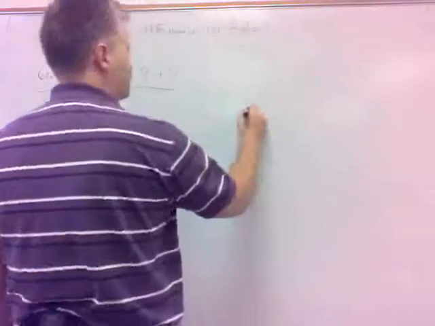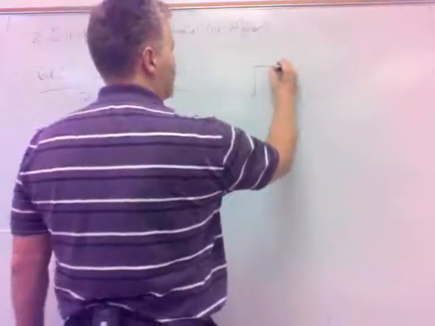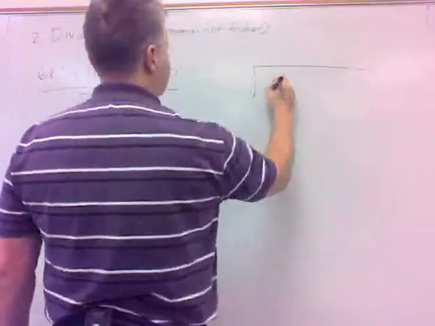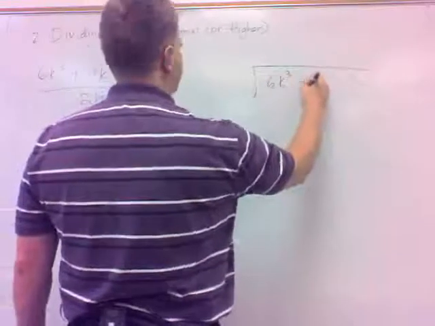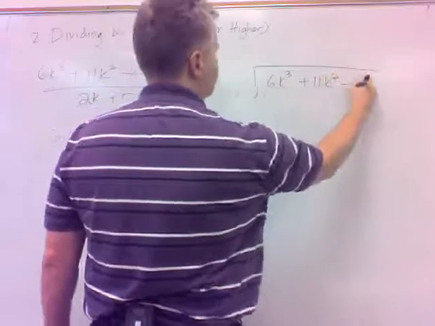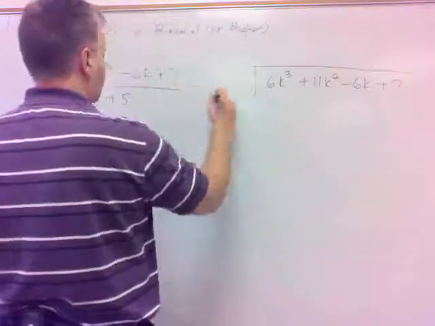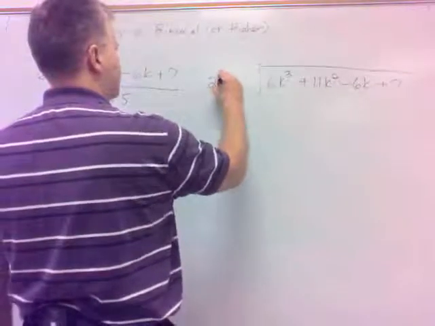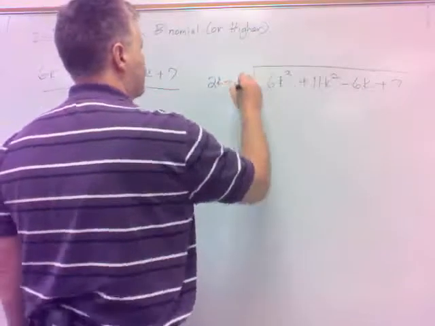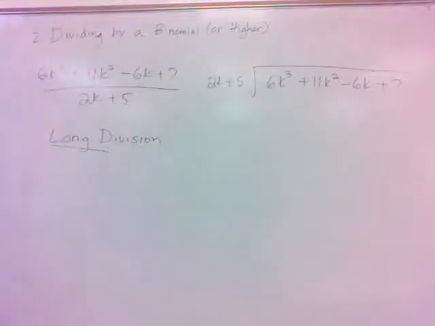I'm going to put my division bar here, and 6k cubed plus 11k squared minus 6k plus 7 is going to go underneath there. 2k plus 5 is my divisor, so the divisor goes on the side like that.